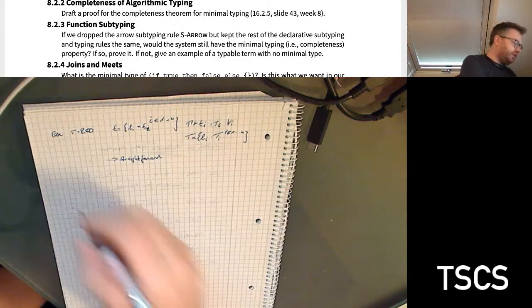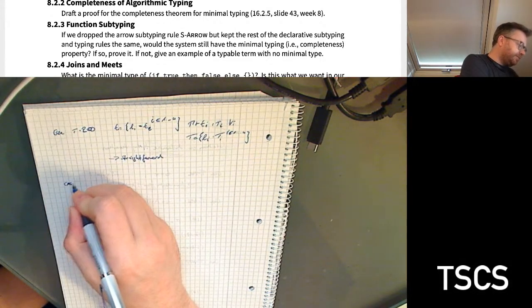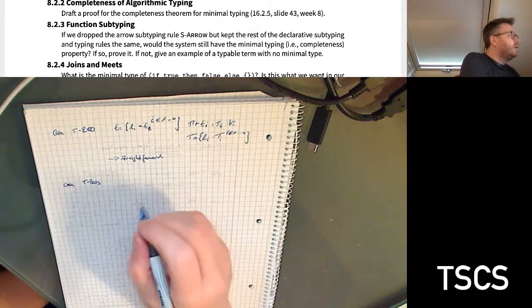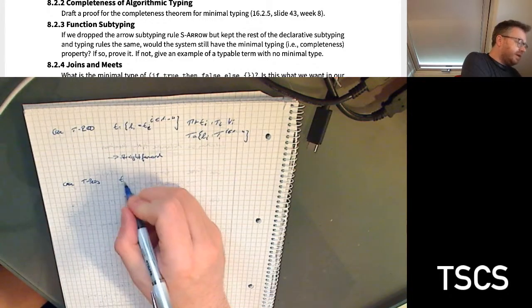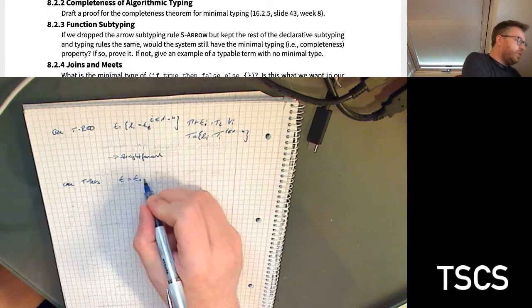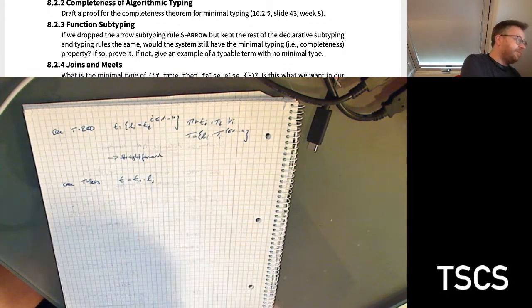How does projection then work? This is our next case. T-projection. In this case, the term has the form that we have some record t1 and the label l_j.